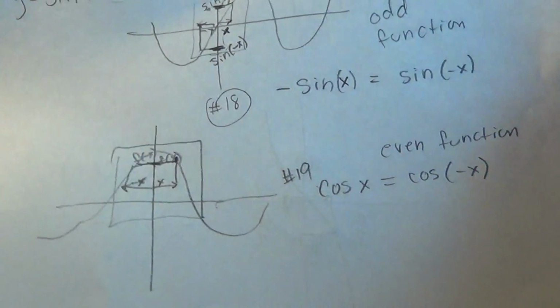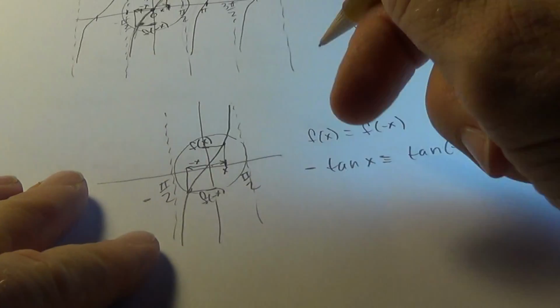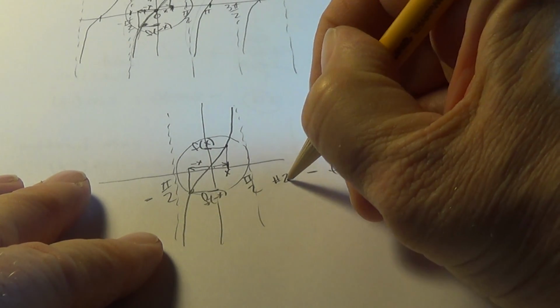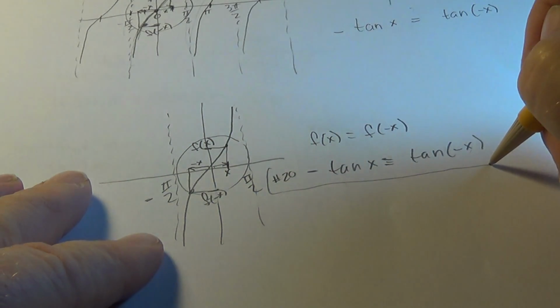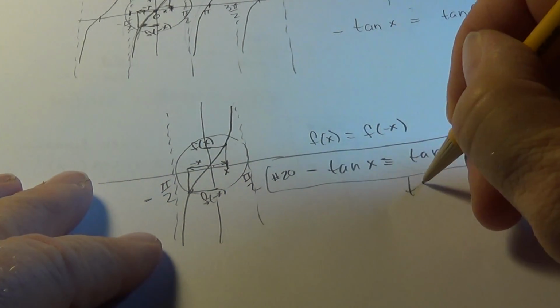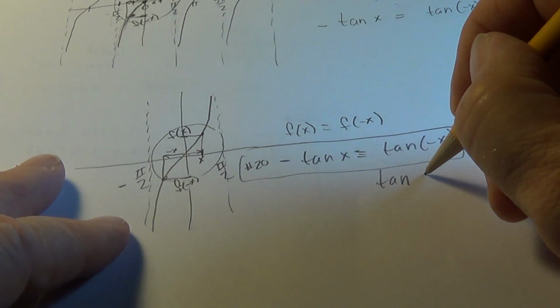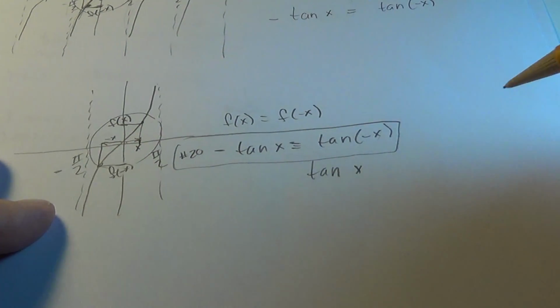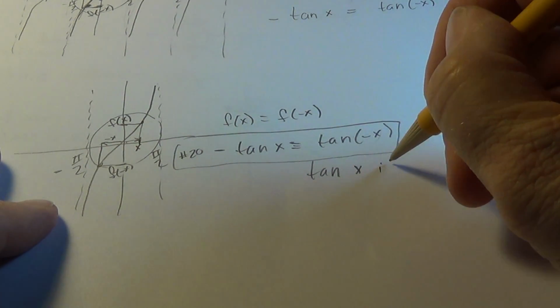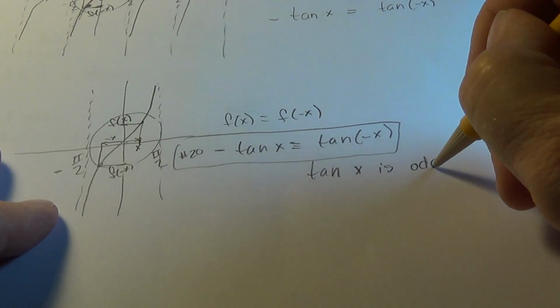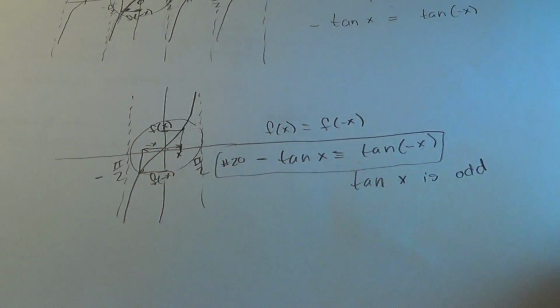Let's see. Yes, 18 and 19. So this is number 20. This is the 20th trig ID. And this tells us that tangent is, what do you think? Even or odd? Tangent x is an odd function. It acts like an odd function.